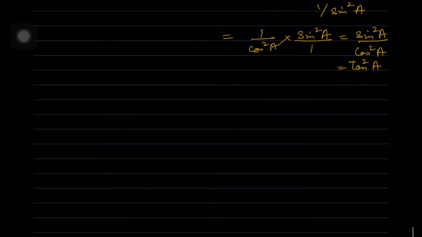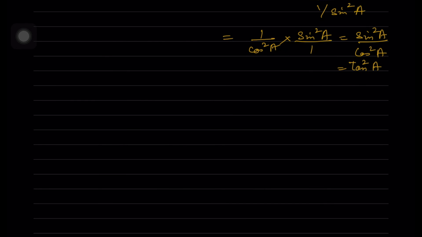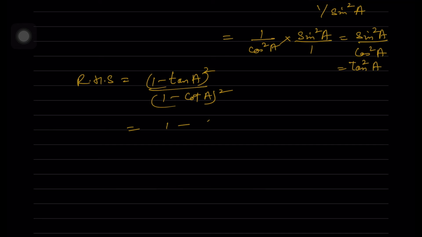Now we are going to RHS. RHS is equal to ((1 minus tan A) by (1 minus cot A)) whole square. So we can write this as equal to ((1 minus sin A by cos A) by (1 minus cos A by sin A)) whole square.